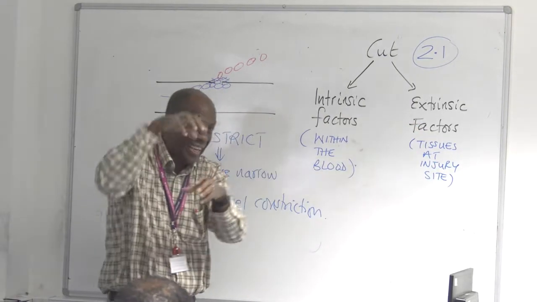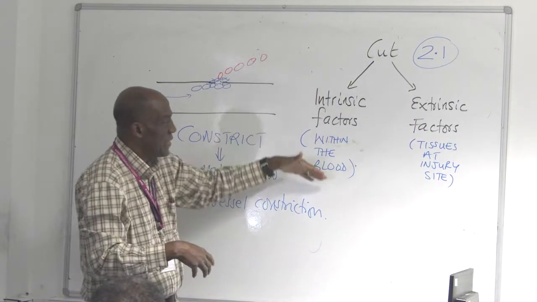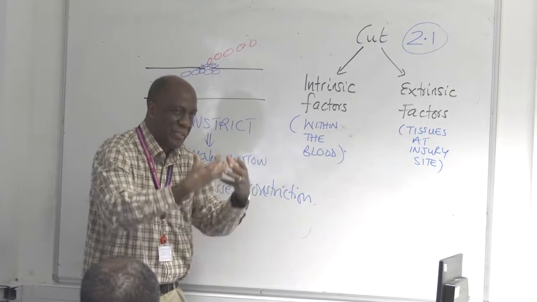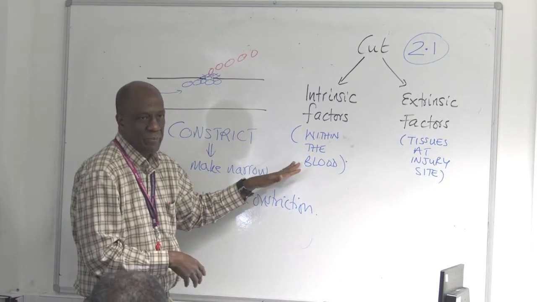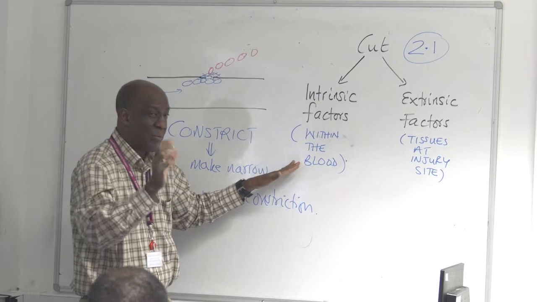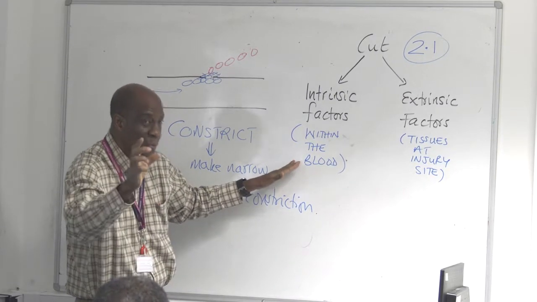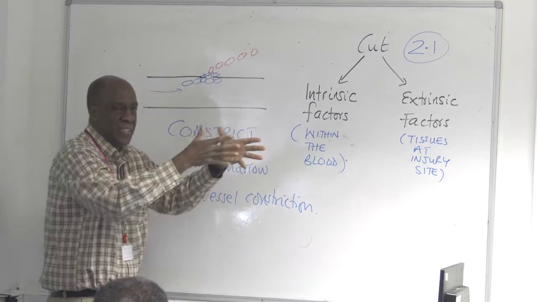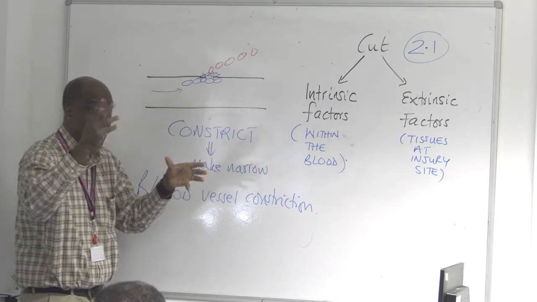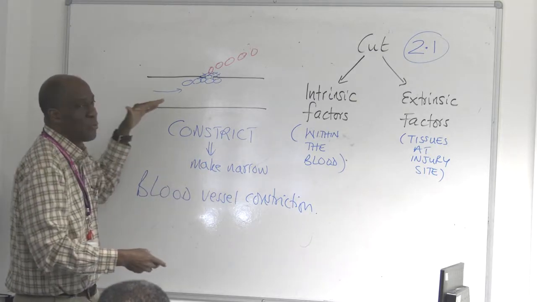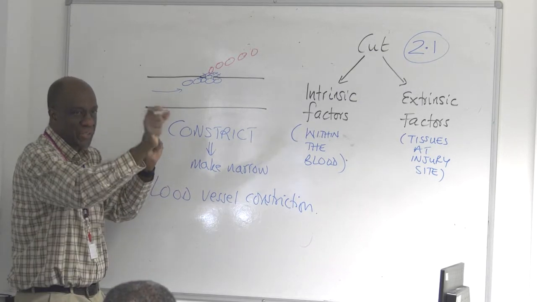The intrinsic, inside. Intrinsic means that the action within the blood kicks off. So the blood itself, which is a connective tissue, will begin to send agents. So the agents are led by the platelets. So the platelets begin to move towards the injury site.